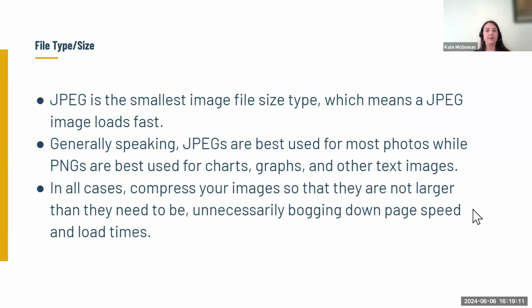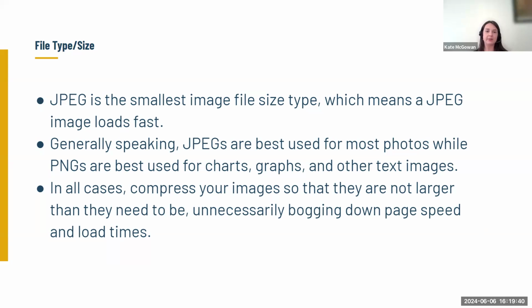And finally, the best practices for file type and size for images for SEO typically revolve around the concept of images being fast loading, because slow loading images are a sign of lowered user experience. The JPEG type is the best file, while PNGs are good for some things like charts, graphs, or images including text.